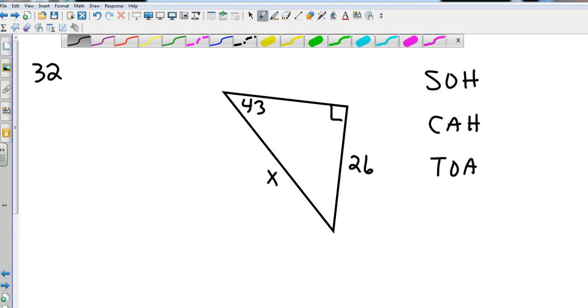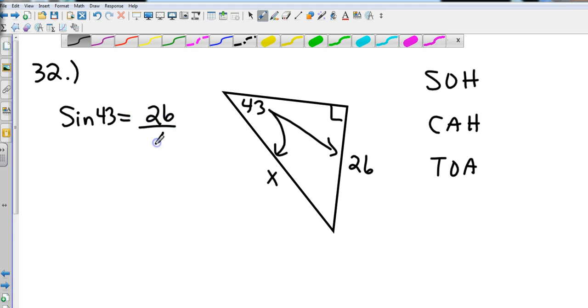Okay, so we've got another trigonometry problem. This is SOHCAHTOA again. We are looking at opposite, but this time we are looking at the hypotenuse. So we're going to do sine because it's opposite over hypotenuse. So sine of 43 equals opposite, which is 26, over hypotenuse, which is x.